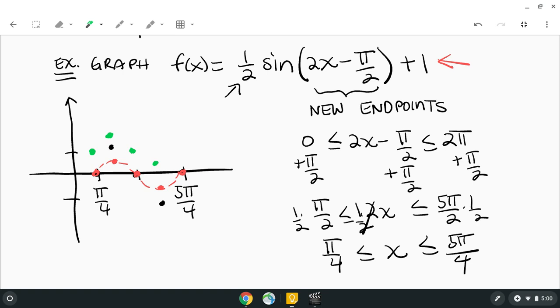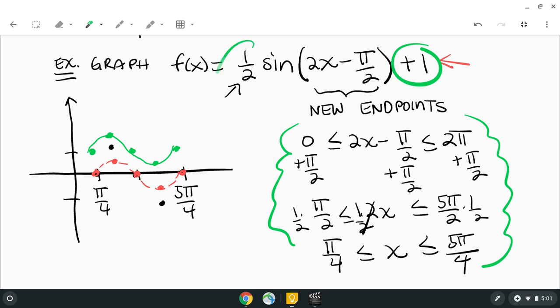This third point goes to 1. This one way down here goes up to 1/2. And then this one here goes up to 1. So here is my final graph.